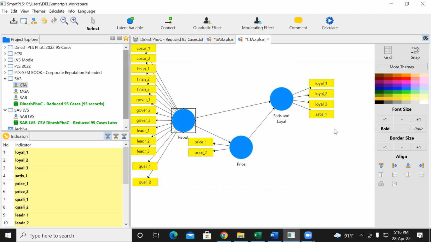Remember, unless you have 4 indicators, you can't do this. Now, in this case, I can check only for reputation, satisfaction and loyalty. But for the pricing, I cannot. That's a limitation.